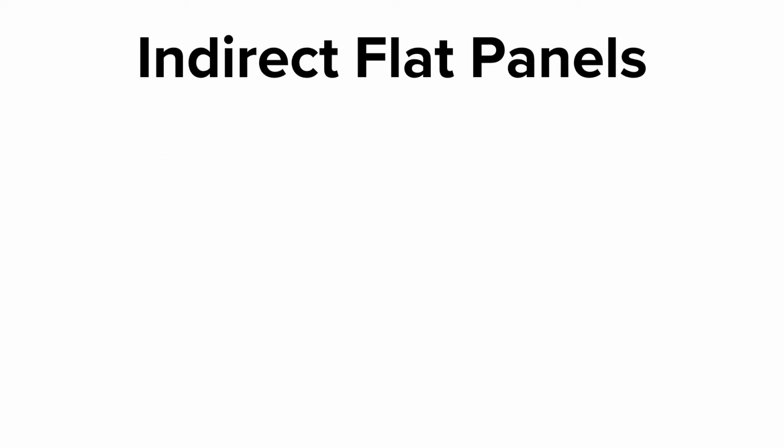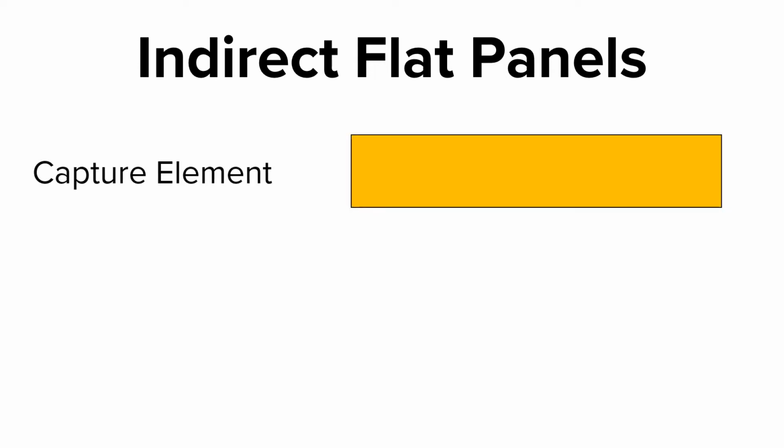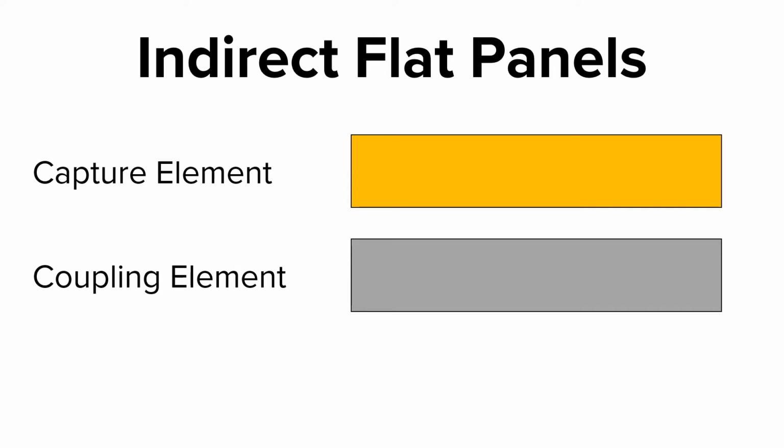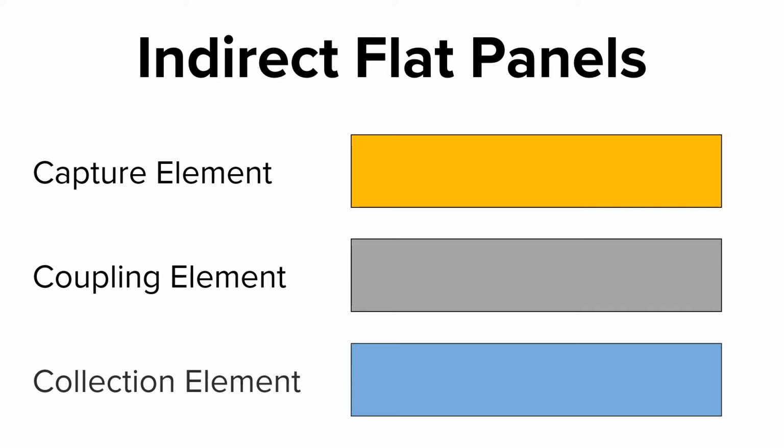Both indirect flat panels are made up of three different elements: the capture element, the coupling element, and the collection element. Let's talk about the first type of indirect flat panels, the thin film transistors, aka a TFT panel.